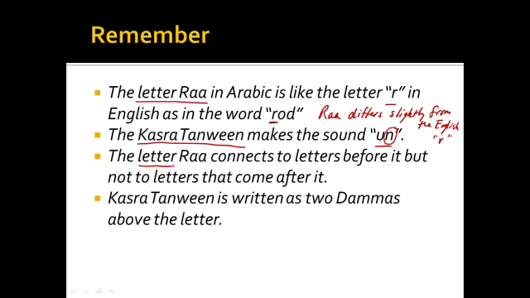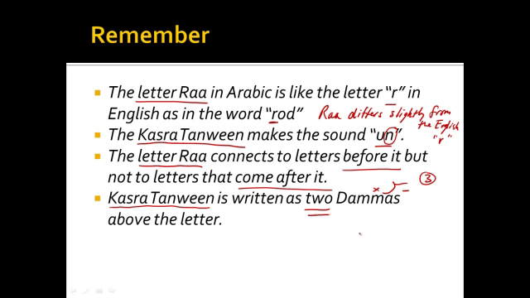And the letter Ra connects to letters that come before it, but not to letters that come after it, just like the Alif and the Waw and the Dal and the Dhal before. For example, in the third position, the Ra looks like this. It connects to what comes before it, but does not connect to what comes after it. Now the Damma Tanween is written as two dhammas above the letter.